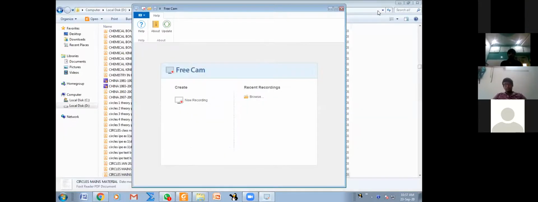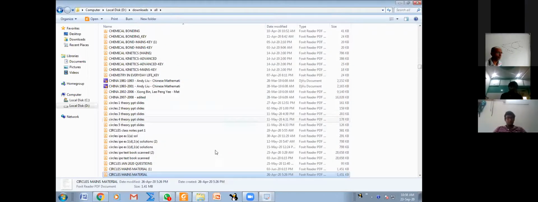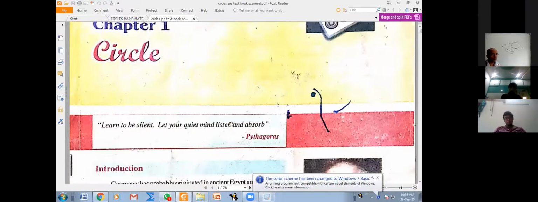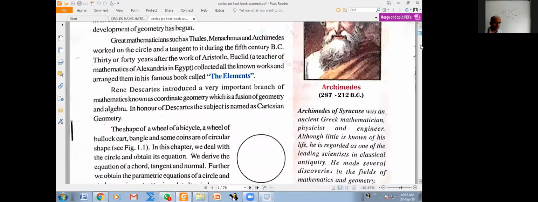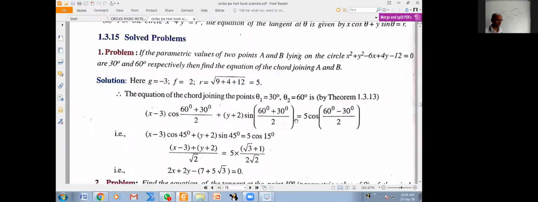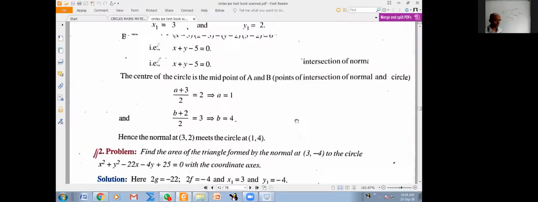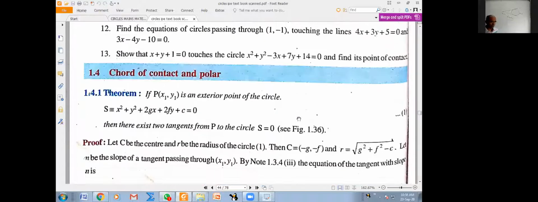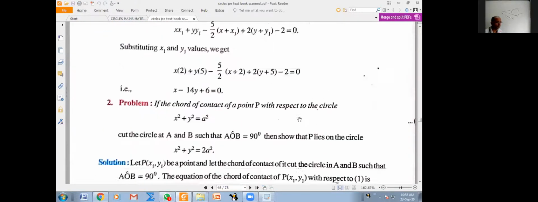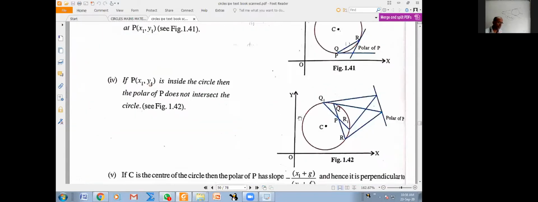In the meantime, somebody has the textbook, see in which page it is there. I think it is a little later.